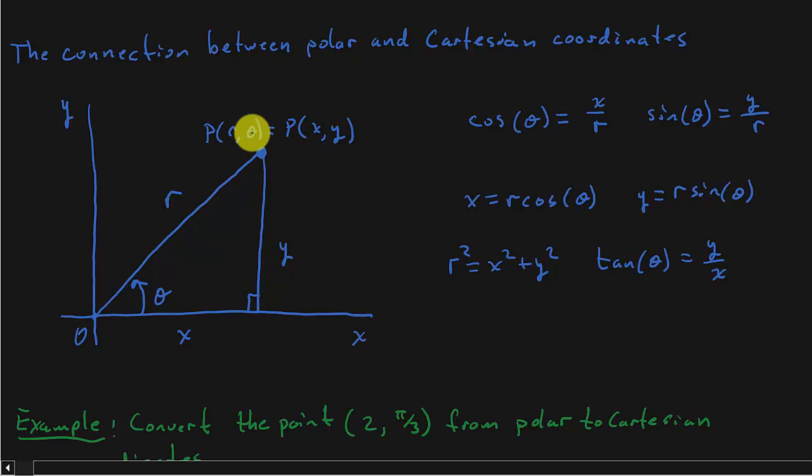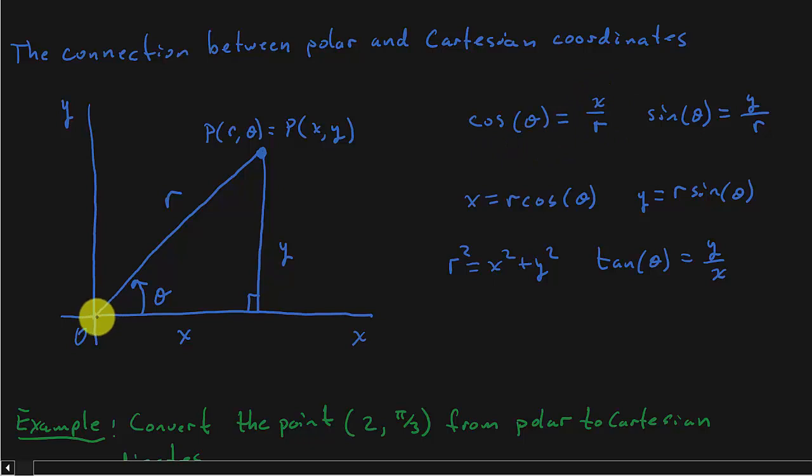Well, how would we convert from Cartesian coordinates to polar coordinates, or polar coordinates to Cartesian coordinates? Let's look at the relationship between them. If we look at this, we've got theta here, and we know cosine is adjacent over hypotenuse. So that's where we get cosine theta is x over r.